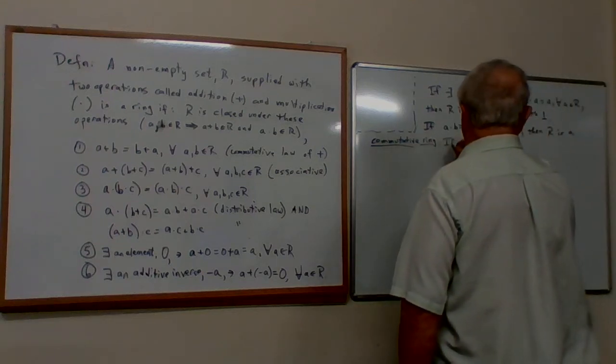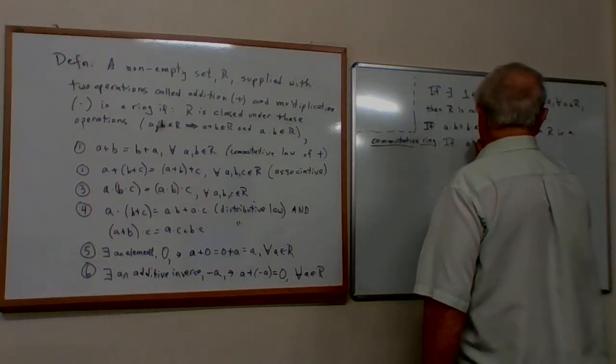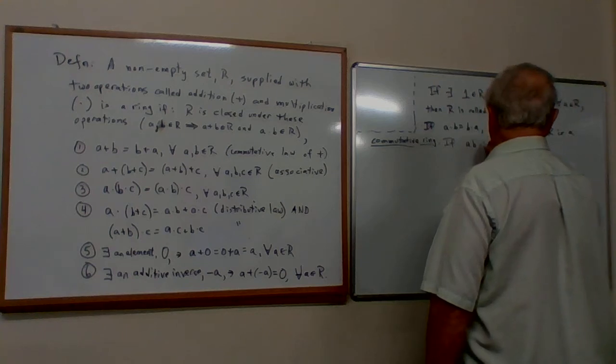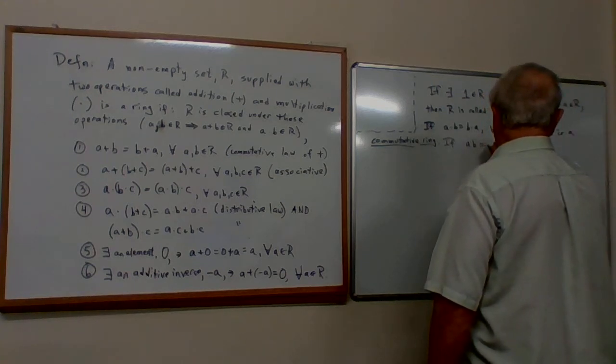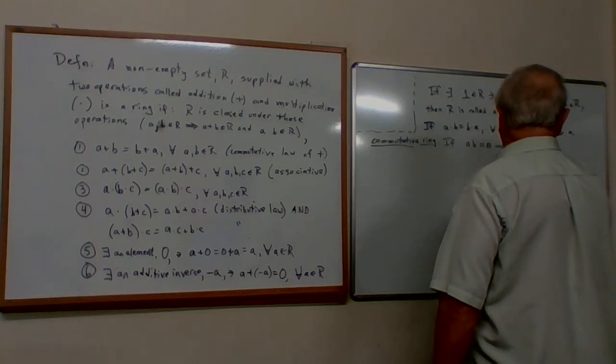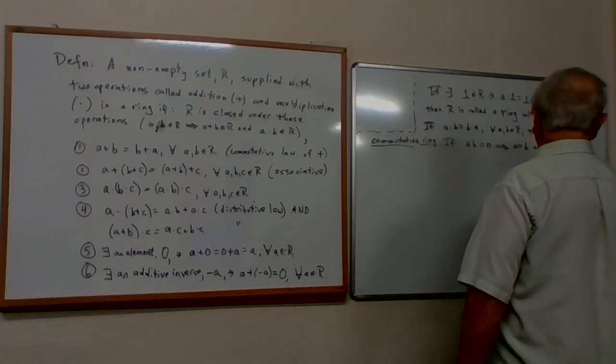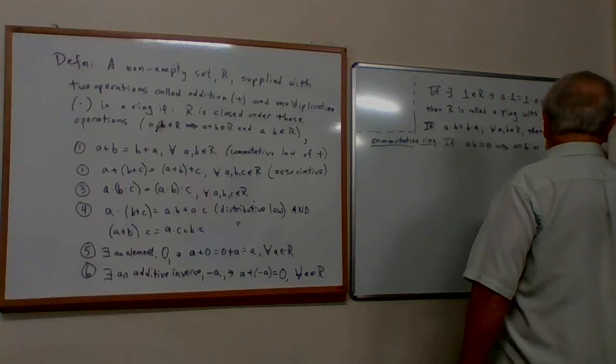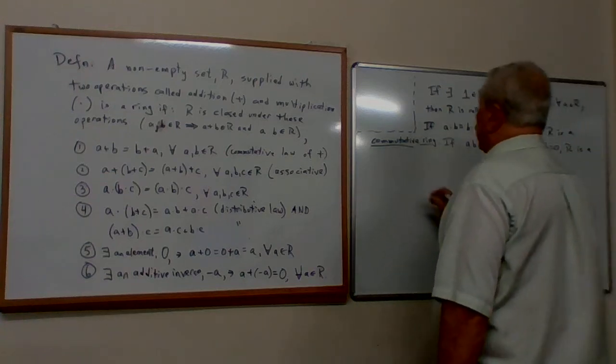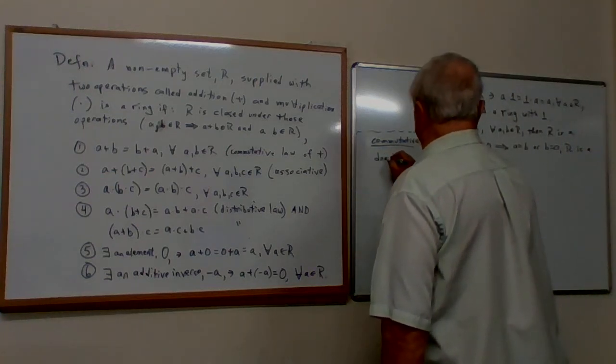If A times B equals 0 implies that A equals 0 or B equals 0, R is a domain.